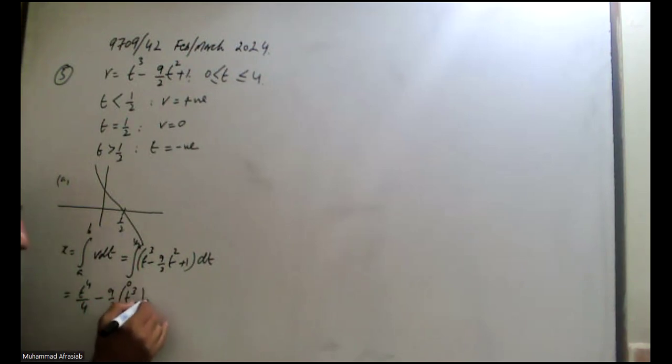After integration, it should be t to the 4 over 4 minus 9 over 2 t cube over 3 plus t, and the limits are 0 to half. So this 3 threes are 9.